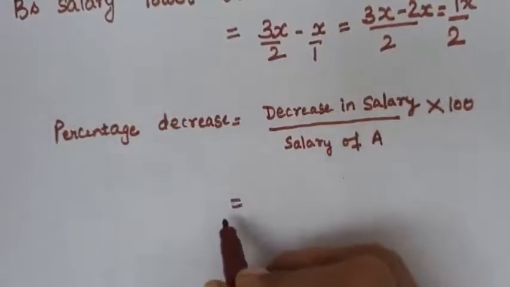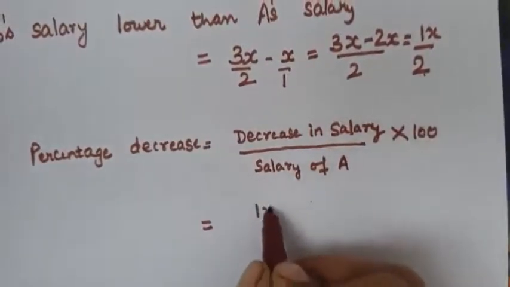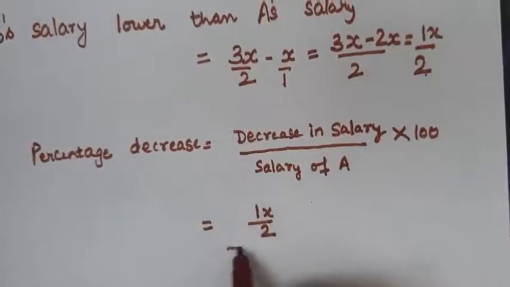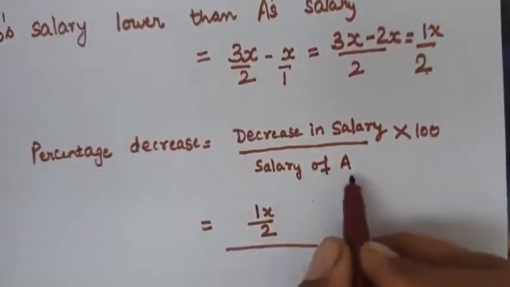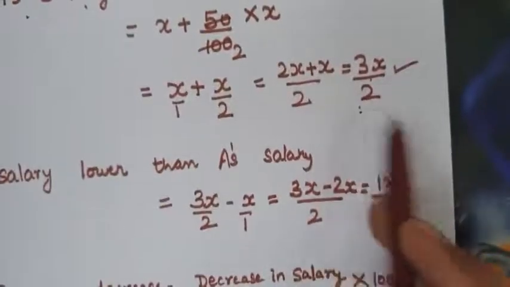Now decrease in salary we have already found, that is 1x upon 2, or simply you can write x upon 2, upon salary of A, that was 3x upon 2.